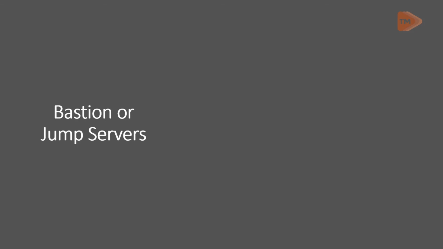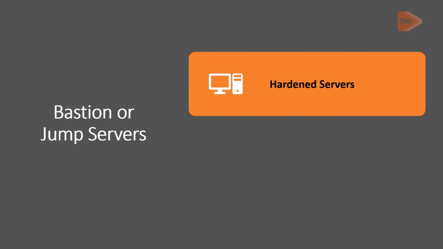Now let's talk about the Bastion or jump servers. I had given you a brief idea of them at the start of VPCs, when we went over what we're going to cover. Bastion or jump servers are basically hardened servers, so these would be EC2 instances which are hardened. What does hardened mean?